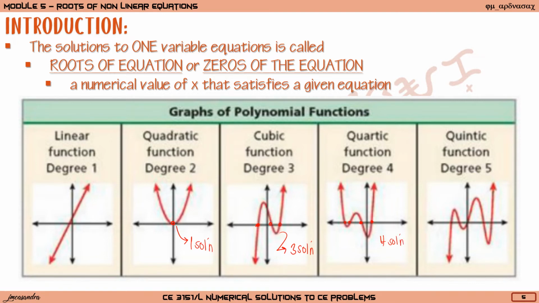Meaning, for a quadratic function, we could have one solution for values of x. We could have x1 equal to x2, or it could also give us x1 and x2. So basically, our graphs would show us that we have two as the number of our solutions.